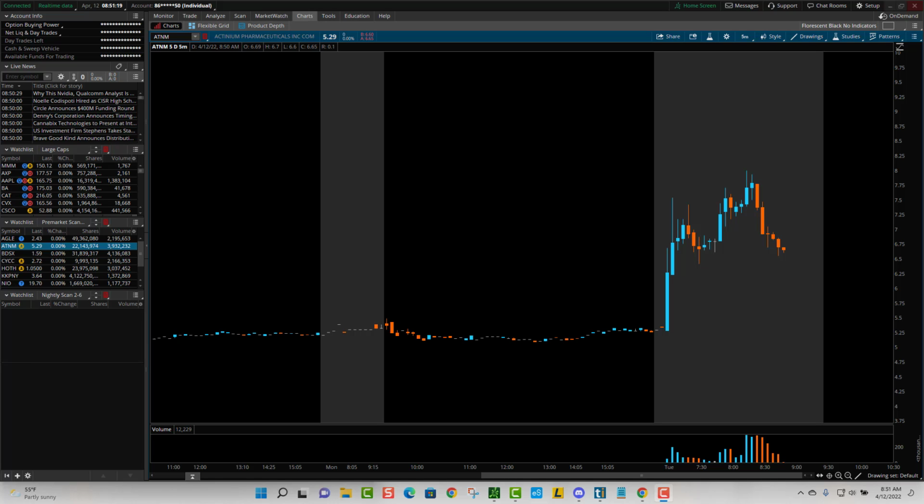Because you want to trade highly liquid stocks when you're day trading penny stocks. That's true with any type of stock or type of trading. You want to be able to get in and out of a stock. So when you hear the term highly liquid, that's a lot of volume, right? Because you want to be able to get in and out of that position.